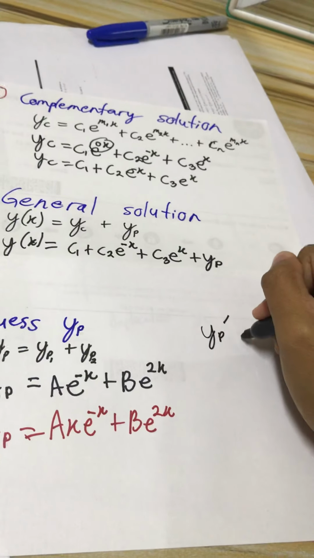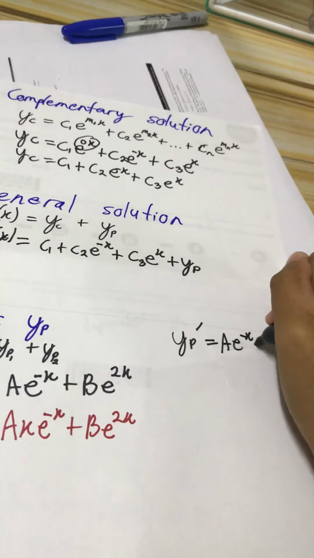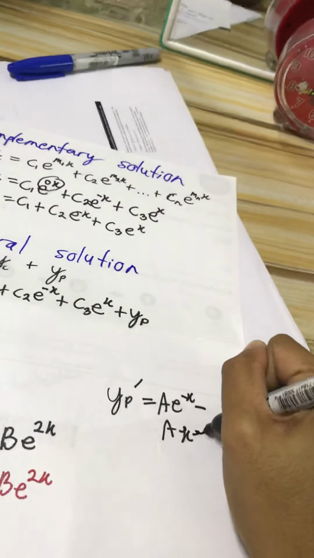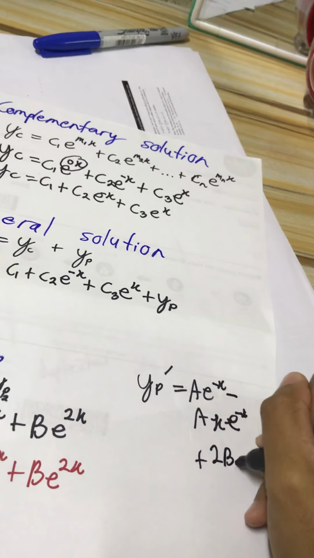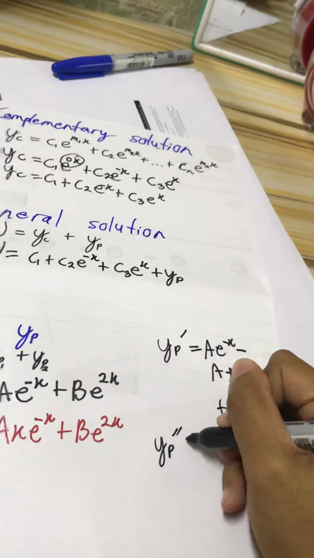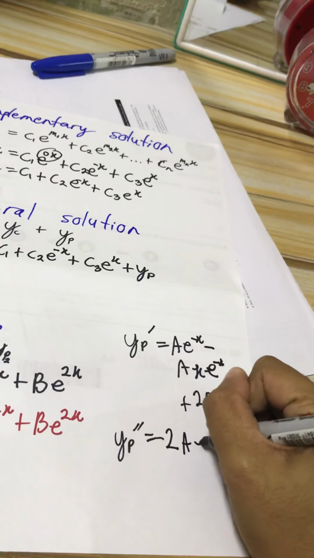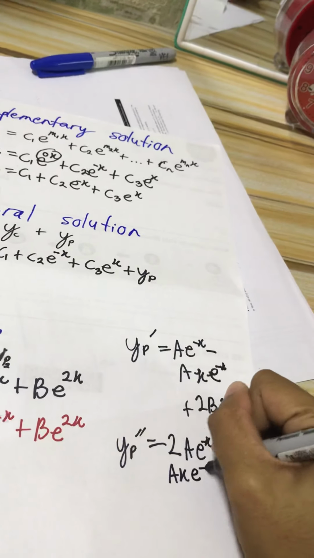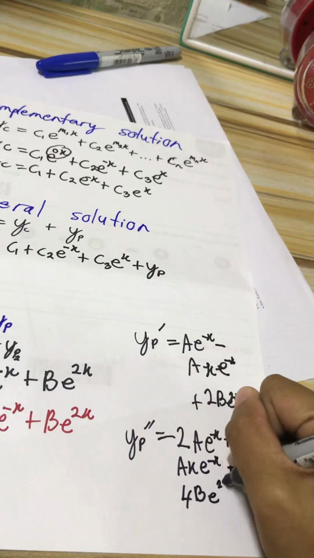So we differentiate the yp. So we get a e minus x minus a x e minus x plus 2b e 2x. Then we proceed to the second derivative. So we get minus 2a e minus x plus a x e minus x plus 4b e 2x.